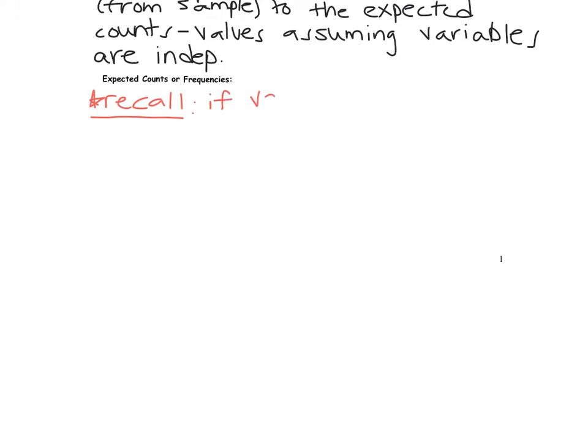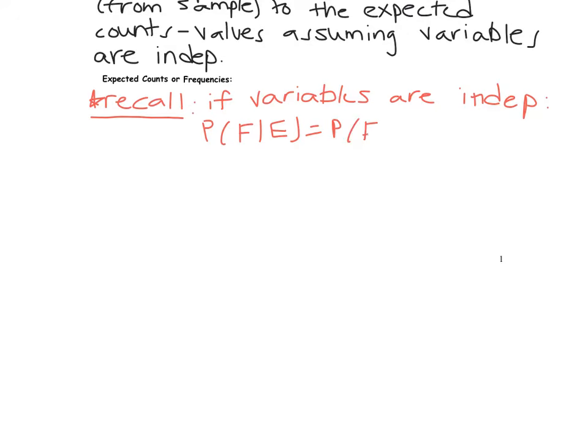And we also had a numerical way to calculate that as follows. So variables are independent. One way that we tested for that was the probability of F given E is just equal to the probability of F if our variables are independent.